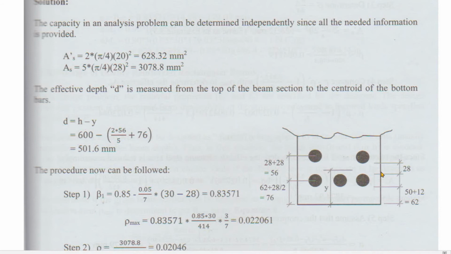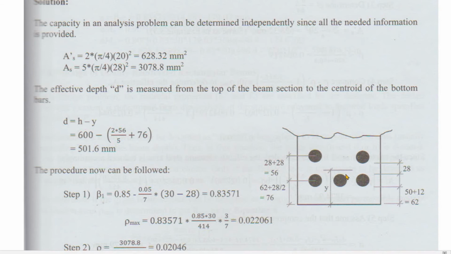Okay, since 5 ito, and then magkapatong yung dalawang layers, ang centroid niyan ngayon is ito, okay? Which is defined by Y. Kaya ang effective depth D niya would be equal to D is equal to H minus this distance Y. So yung Y, ito yung centroid nung 5 rebars, okay?